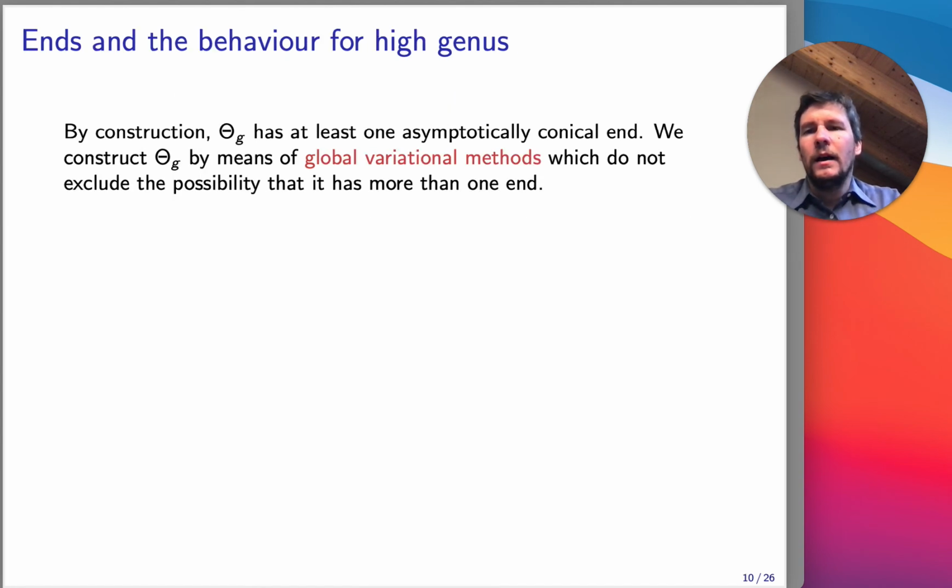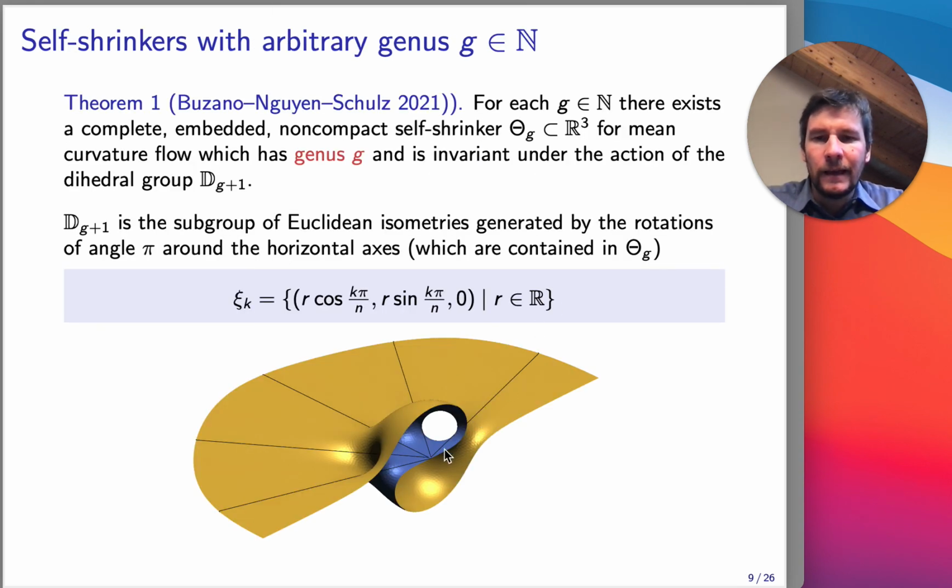Good. So by construction, as we will see when I sketch the proof, these objects that we find have at least one asymptotically conical end. This can actually already be seen from the fact that these axes are all contained in the self-shrinker, so you must have one end that contains all these axes.